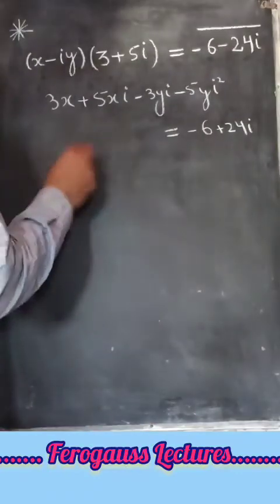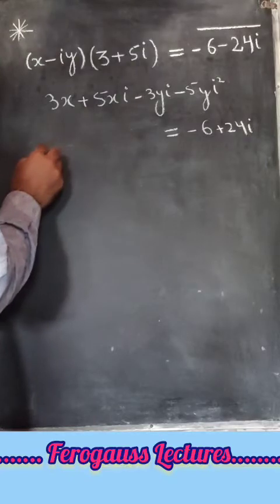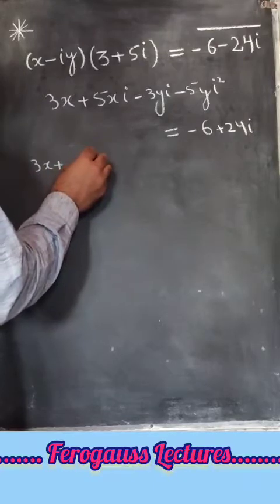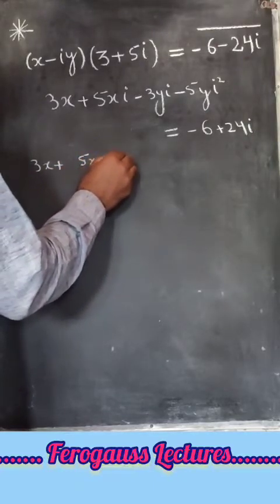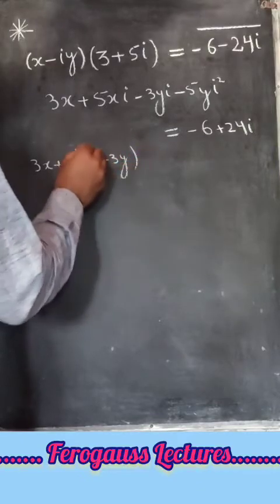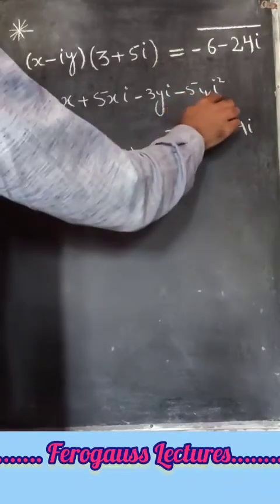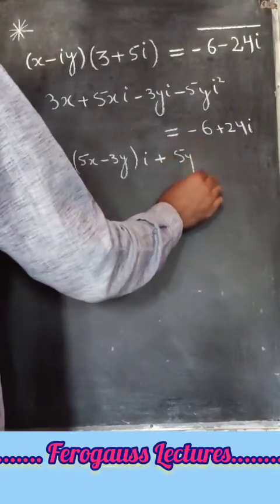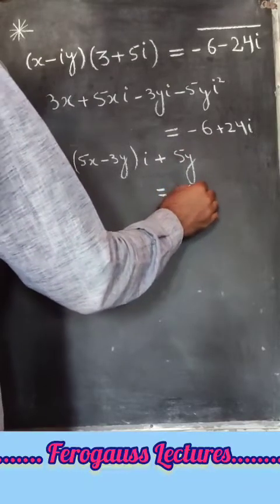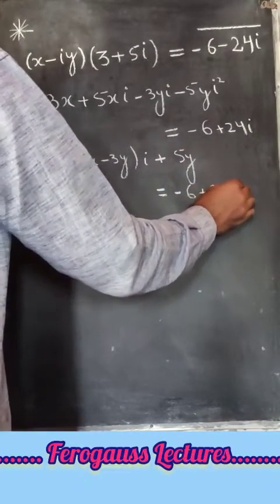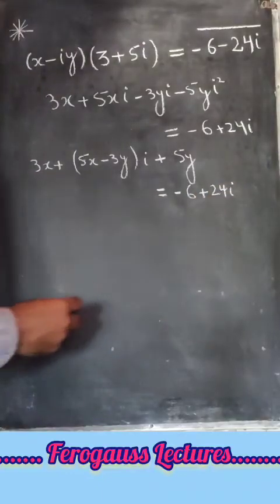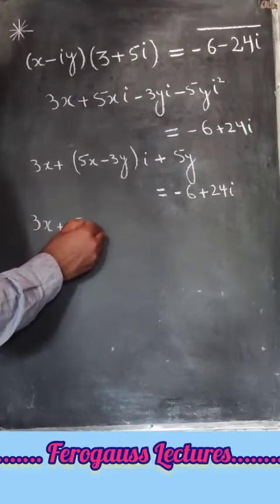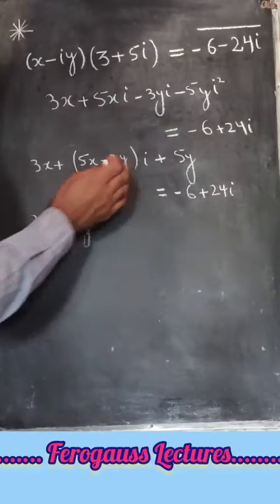Or we can write 3x plus 5 times x minus 3y, take iota common, then we have iota square is minus 1, so minus minus is plus, so we get plus 5y, that is equal to minus 6 plus 24 iota. Or we can write it as 3x plus 5y, it's the real part of this complex number.